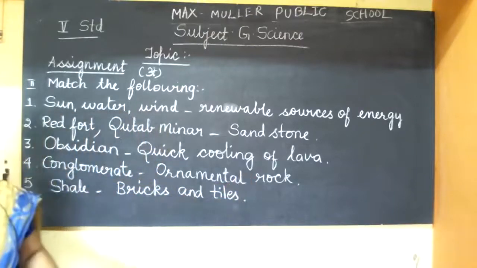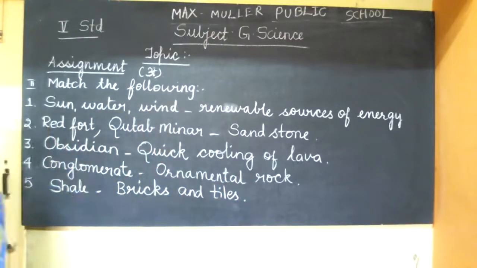Okay, so this is your homework. Write it. I'll revise again. Check. Sun, water, wind, renewable sources of energy. Red Fort, Qutub Minar, sandstone, obsidian, quick cooling of lava, conglomerate, ornamental rock, shale, bricks and tiles.